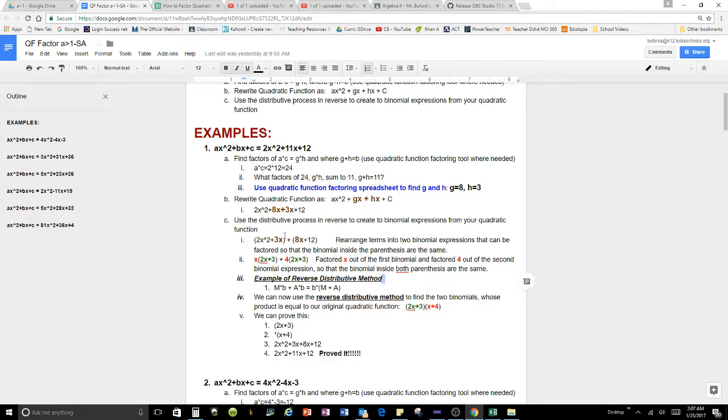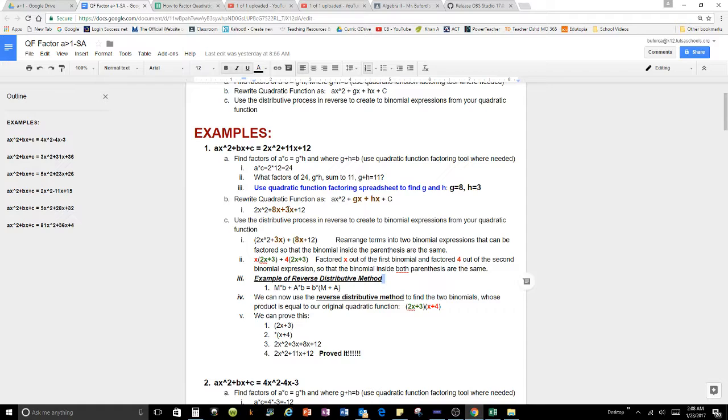So as you see, when we come down here, we either want to take this 8x and associate it with the 2x squared, or we want to take the 8x and associate it with the 12. Conversely, we want to take the 3x and associate it with the 12, or take the 3x and associate it with the 2x squared. Okay, and in this case, what we're going to do is take the 8x and associate it with the 12.